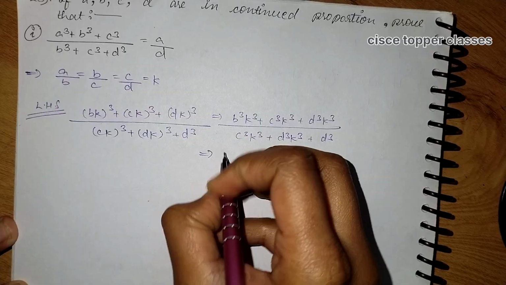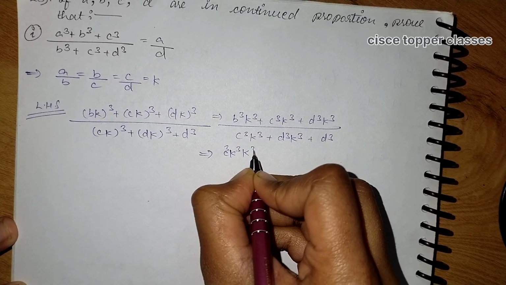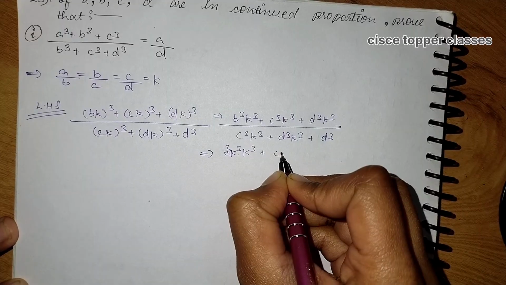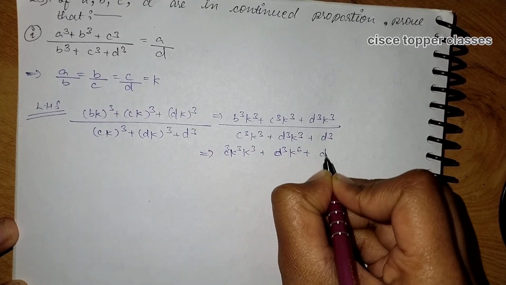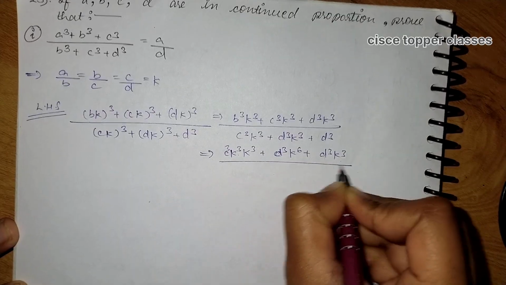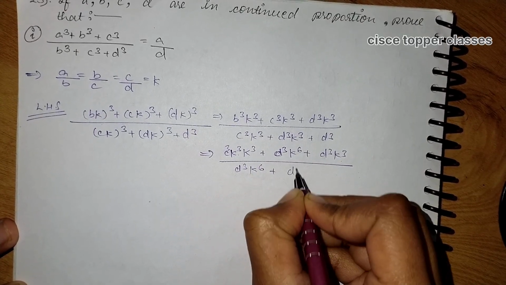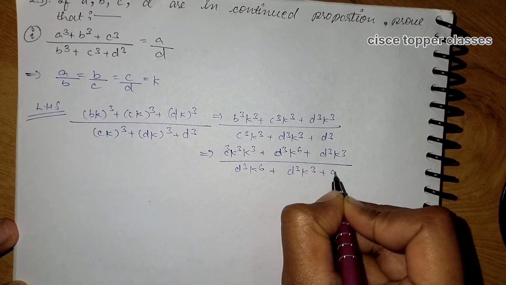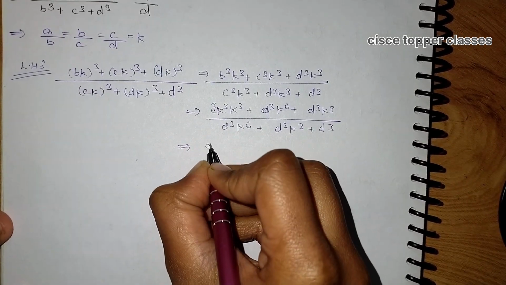So in place of B, it will become C cube K cube dot K cube plus C cube will become D cube K to the power 6 plus D cube K cube, divided by D cube K to the power 6 plus D cube K cube plus D cube. So here we can write in place of C cube as (DK) whole cube.